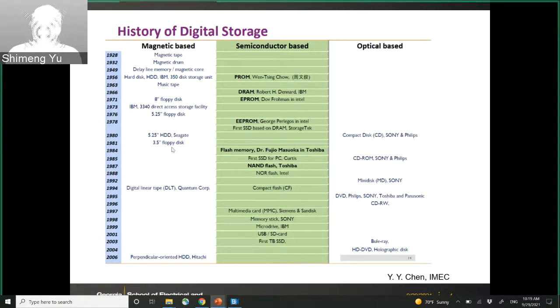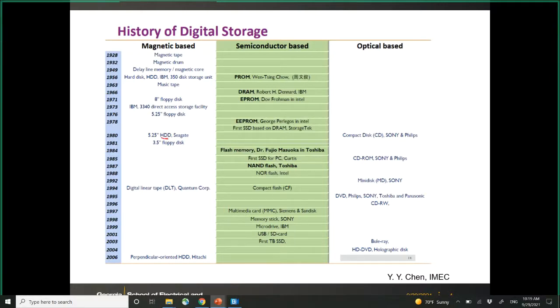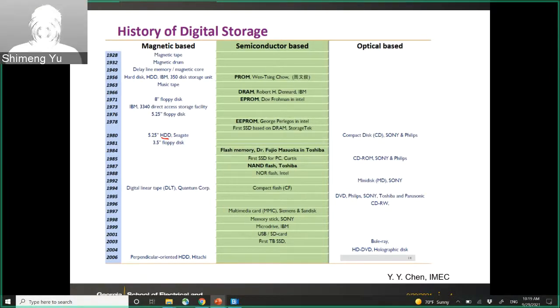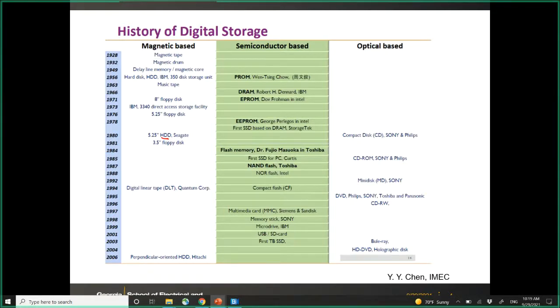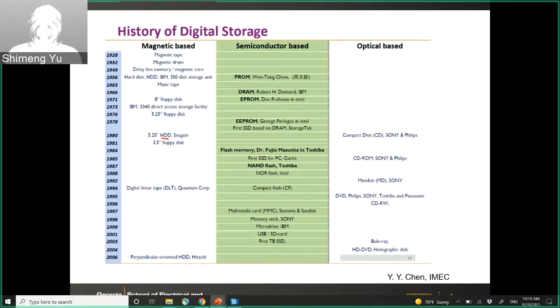Those are based on magnetic material. And then, of course, the hard drive, the HDD, is also based on magnetic material.